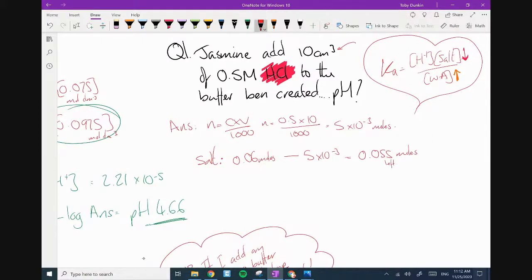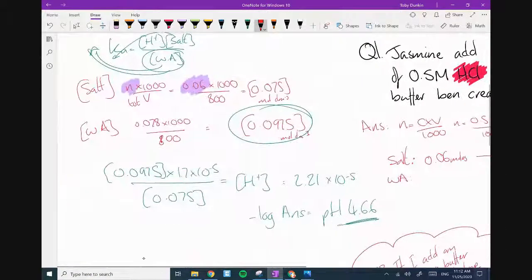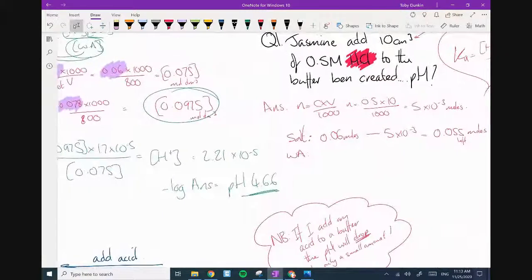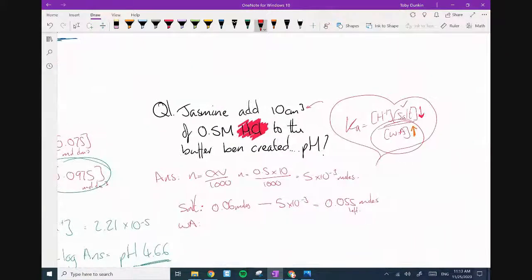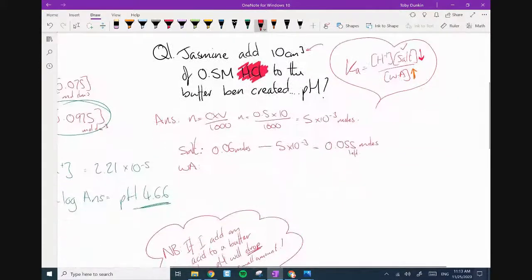That's the salt, tick. Next, weak acid. Where's my weak acid moles? There they are. I cannot use the concentration. Got to go back to the moles in the solution. Now this one's going to be added, not subtracted. You see why the roadmap is so important? Holy moly.